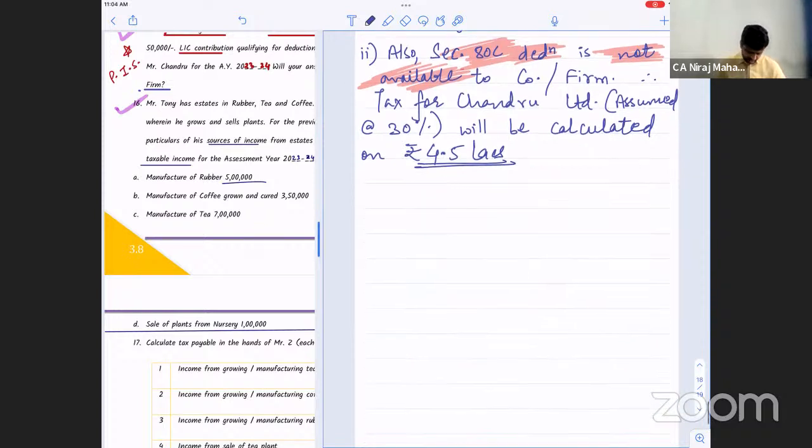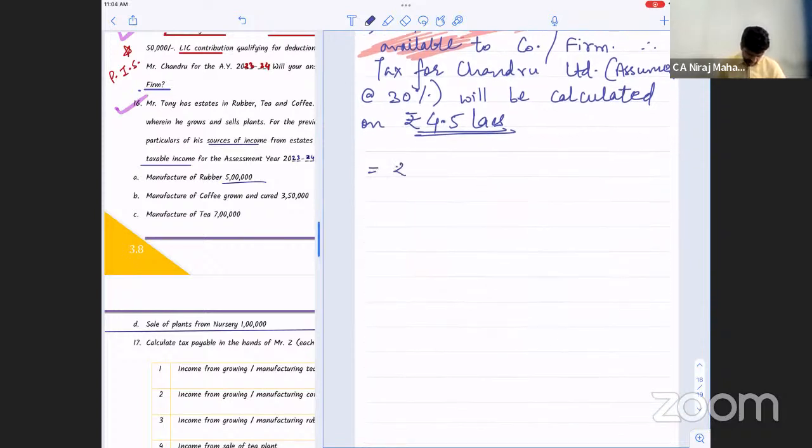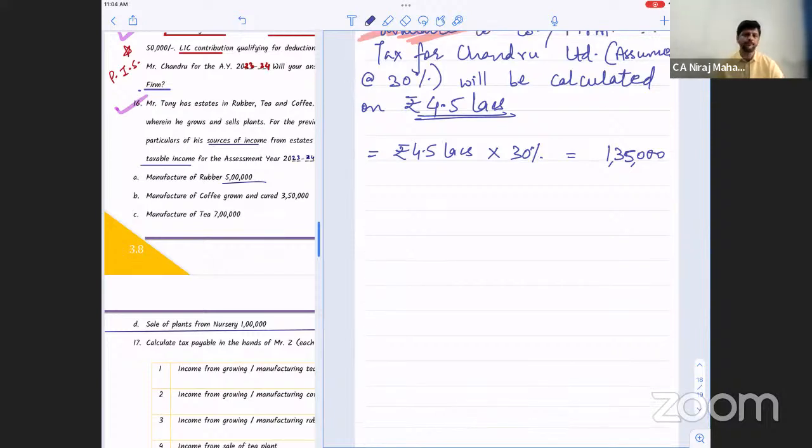That is how much, bacho? Into 30%. 4.5 lakhs, 30% is coming to 1,35,000. Less rebate.